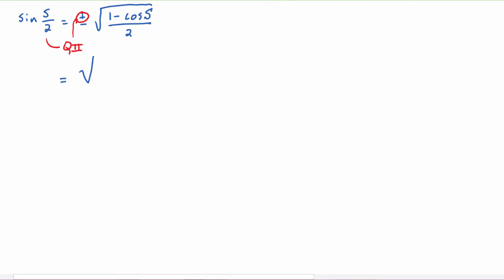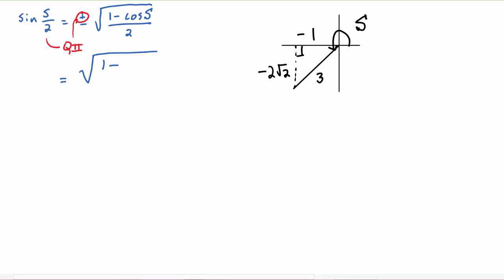So this will equal the square root of 1 minus. We go to our diagram now and see that the cosine of s is equal to the x value, which is negative 1, divided by r, which is 3, and then we have to divide that whole thing by 2.